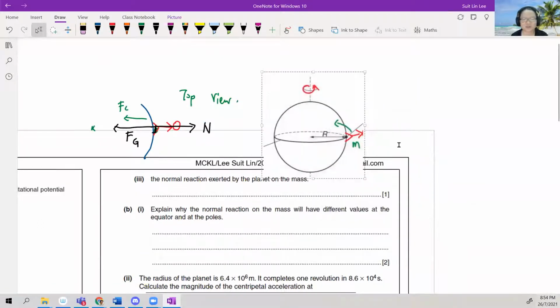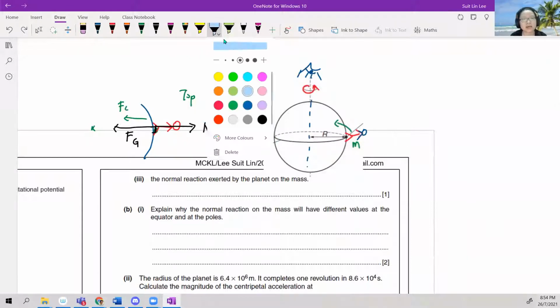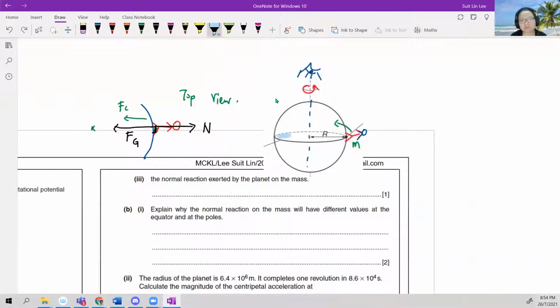But imagine now I put my eye here and look at this. The human is here. In the top view, the circle is this plane, this part is your circle, and from the top it looks horizontal.